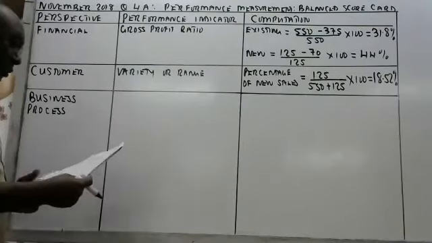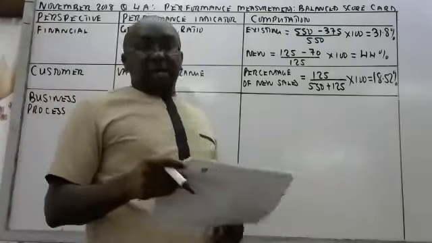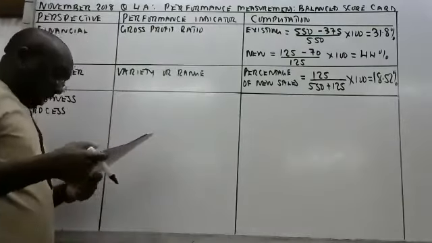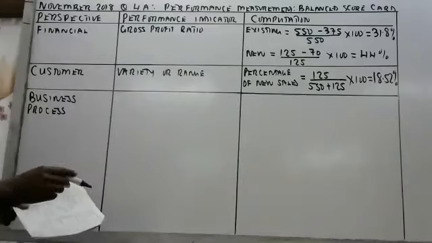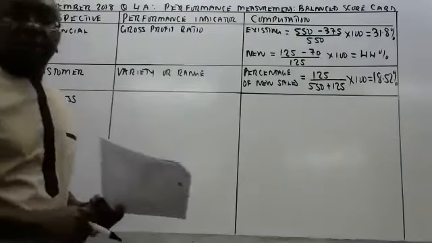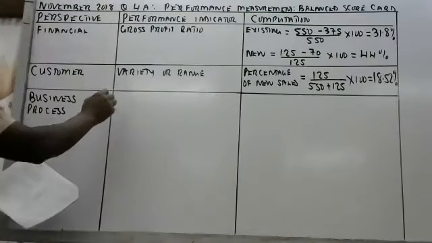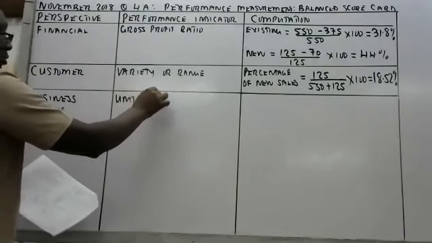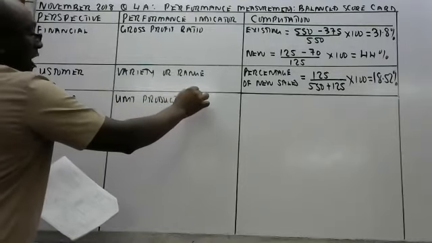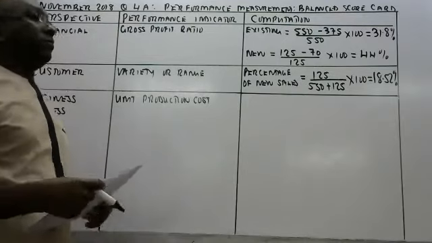For the internal business processes, it's about how efficient we are. So we can get unit production costs, so that we check whether it's going down or not.